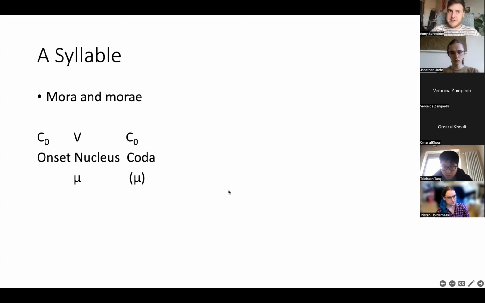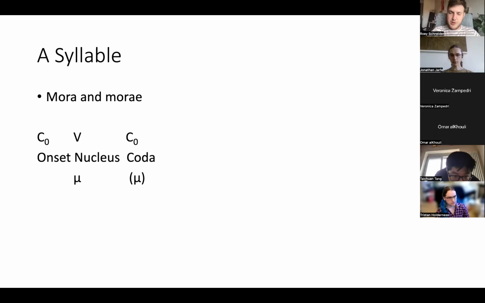Now, there is this method of looking at syllables in modern linguistics, which is counting the nucleus as a mora, which is a weight unit. And the coda can also be counted as a mora, depends on the language. And this distinguishes light syllables from heavy syllables.